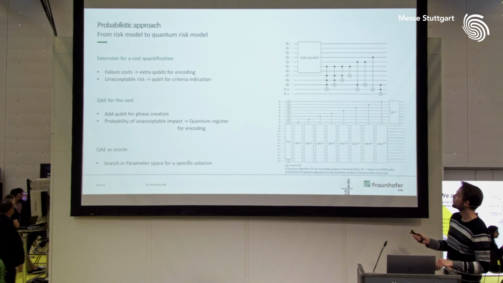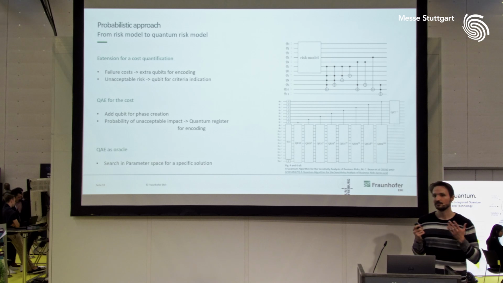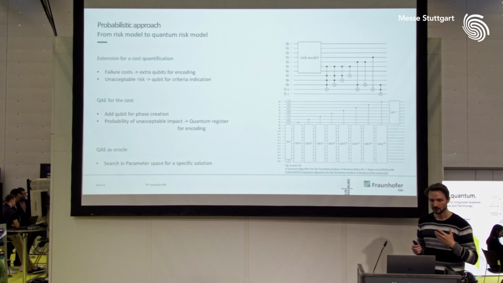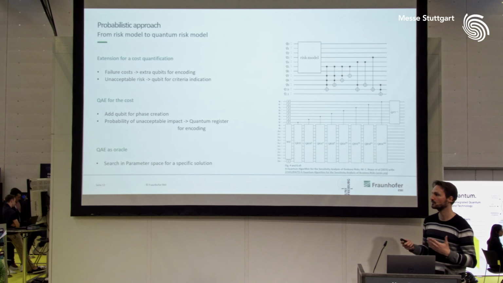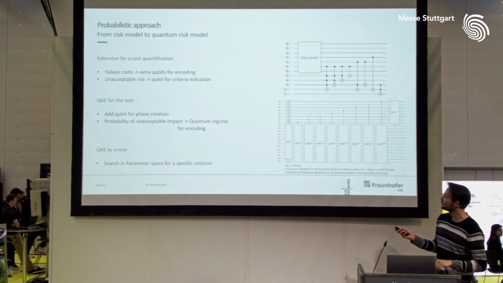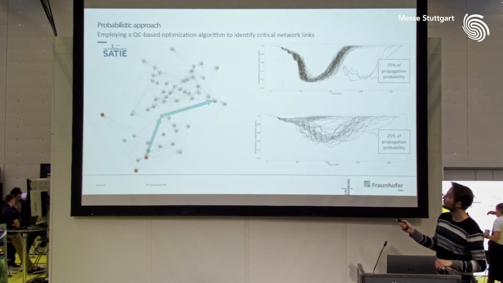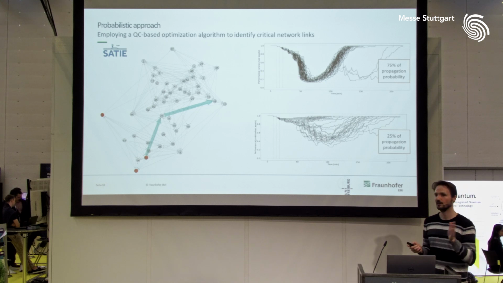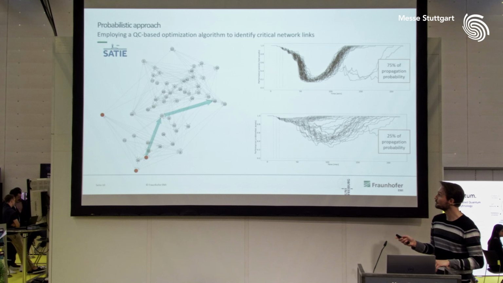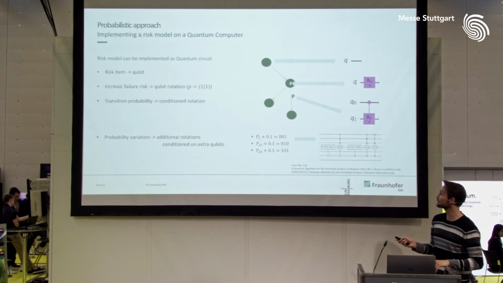For example, one could go for a final qubit here that represents a threshold for an impact that we could not accept. So if we think of these curves, this would correspond to some minimal performance where we say, okay, if it goes beyond that, then we have lost the resilience game, so to say.